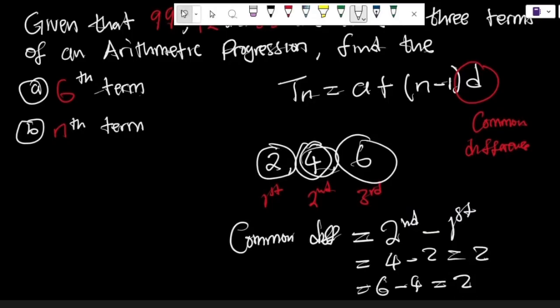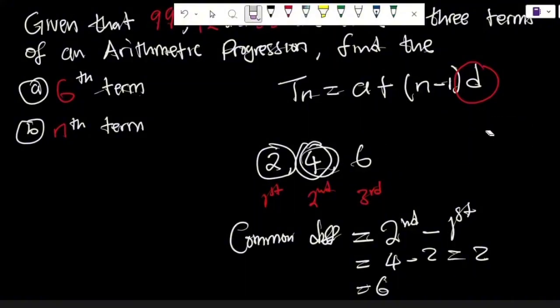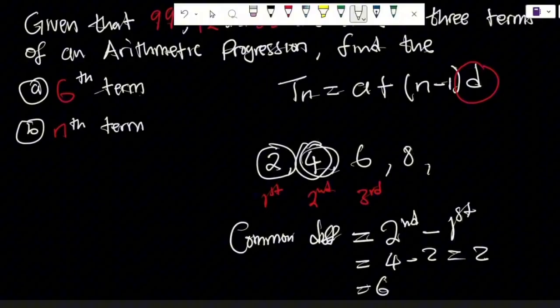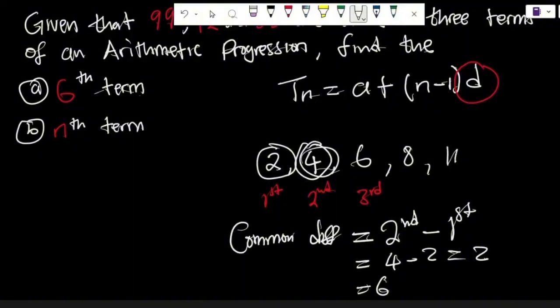Now, if this is the third term, we can have the fourth term by just adding the common difference, which is 2. So the fourth term should be 8, and the fifth term should be 8 plus 2, which is 10.